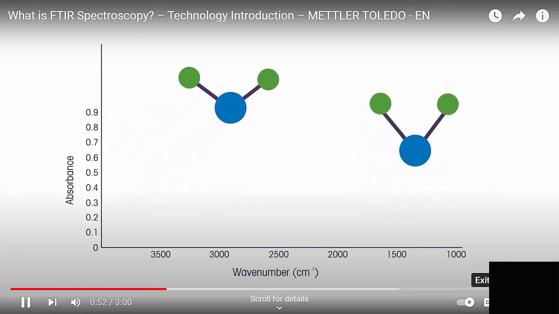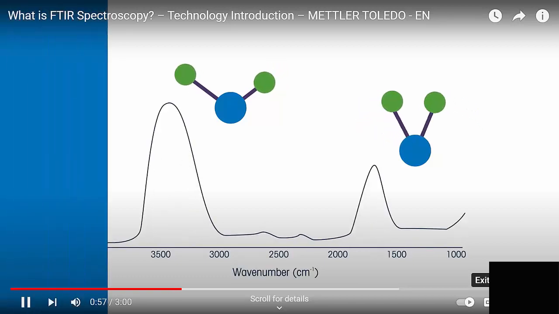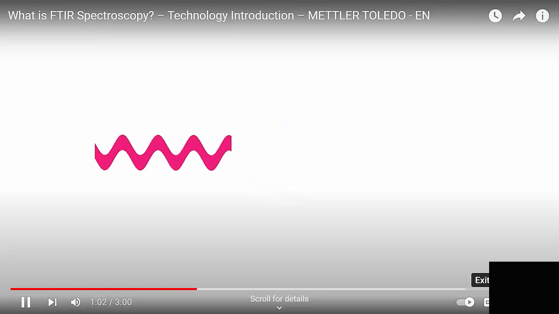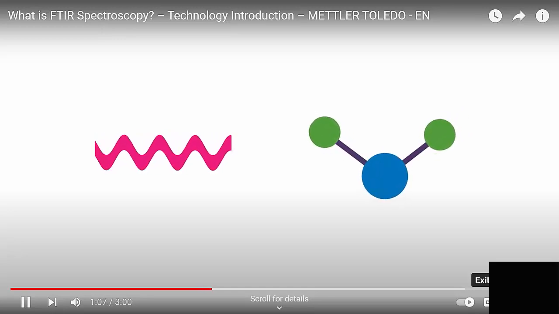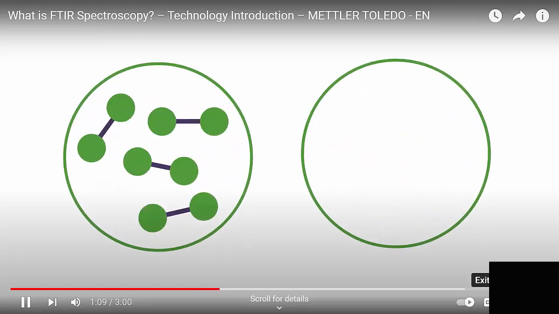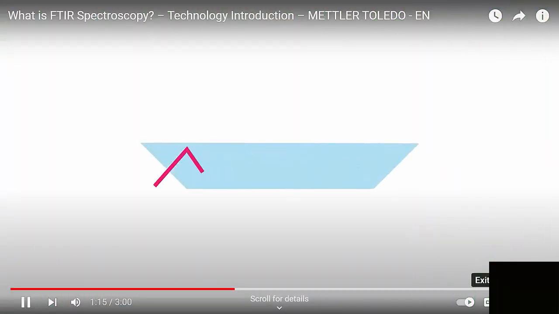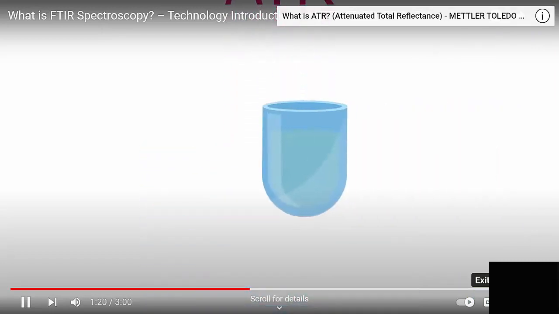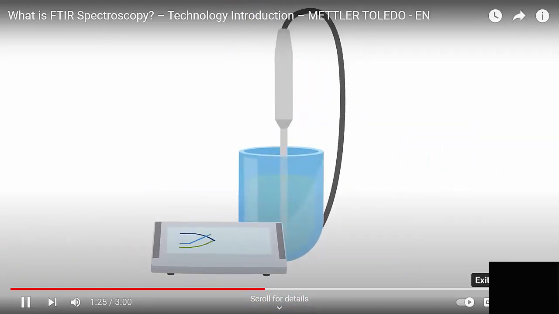The position or frequency and intensity of these individual absorption bands contribute to the overall spectrum, creating a characteristic signature of the molecule. Since FTIR spectroscopy produces signals that are specific to the type of molecular bonds or functional groups, it is the ideal tool to measure the making and breaking of chemical bonds during reaction. Coupling FTIR spectroscopy with attenuated total reflectance, or ATR, increases the utility of this technology by providing a means to monitor reactions in situ and in real time. Measurements via ATR and FTIR.